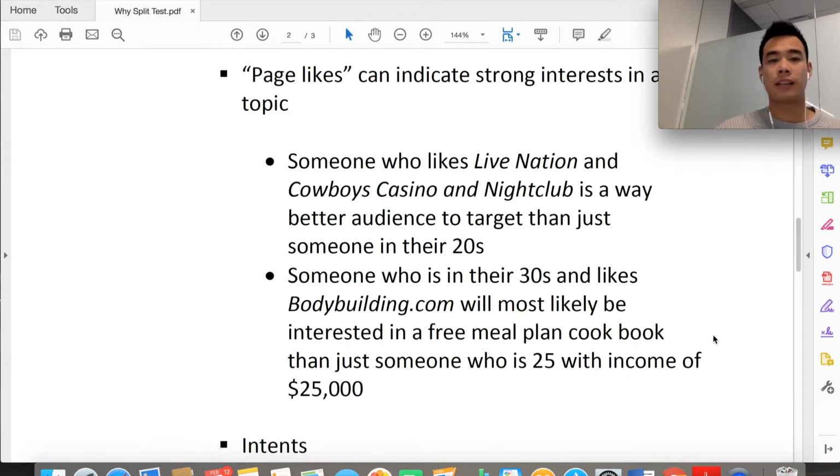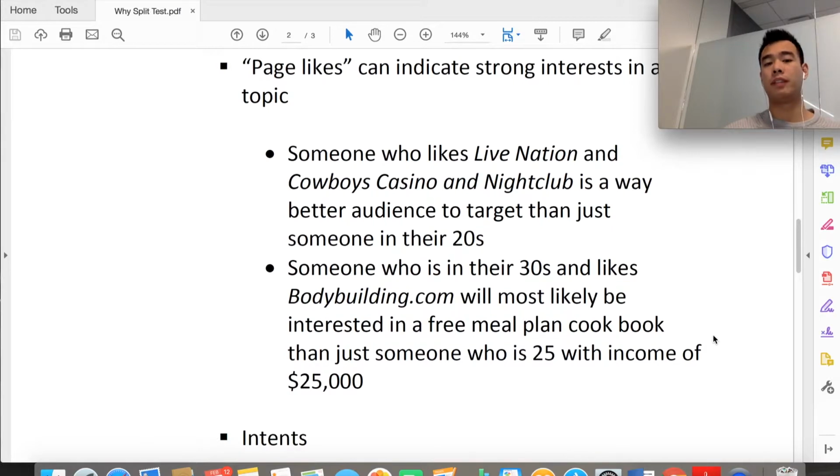So in one asset, you might be targeting people who like Live Nation, a casino and a nightclub page, and who are in their 20s, right? So that will be your first asset. Then in the second asset, you might target people who like Live Nation, the casino, and have attended Coachella. So you take out the nightclub and replace it with attended Coachella, and that's one thing different from the previous asset.